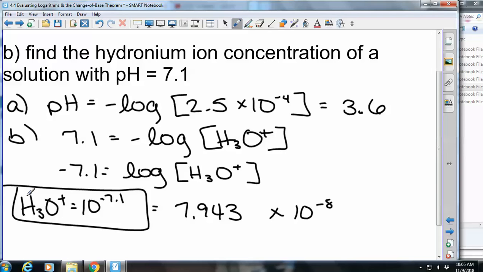If you do type it in and write the other, that's fine, but it's not necessary. So either answer there would work. Questions there?